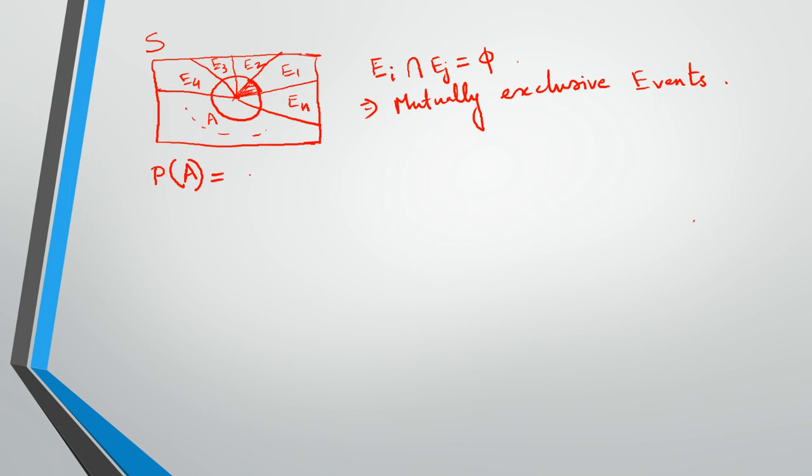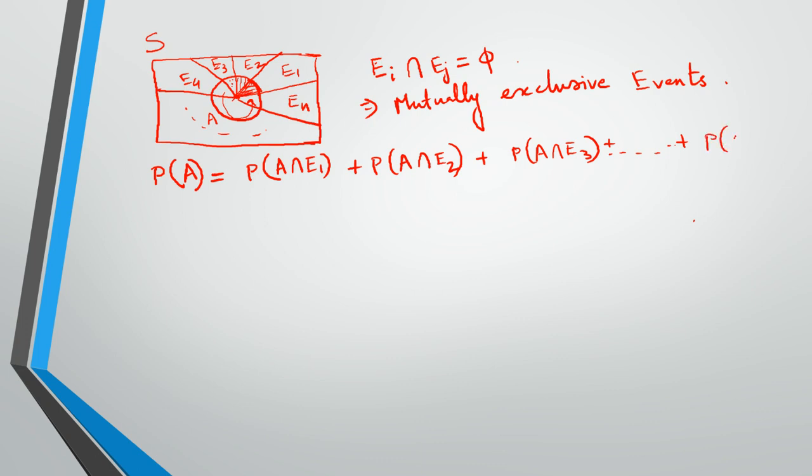So P(A), you see, we can write as P(A intersection E1), like this part, plus P(A intersection E2), plus, let's say, this part, P(A intersection E3), like this, all of it. Like this we will add it up, plus P(A intersection En), right?